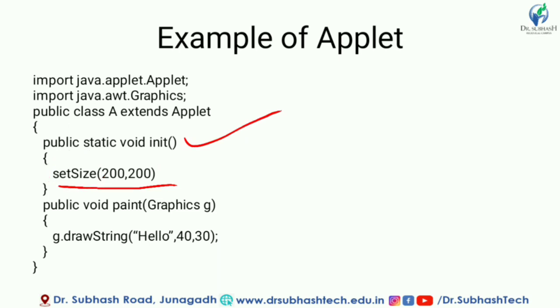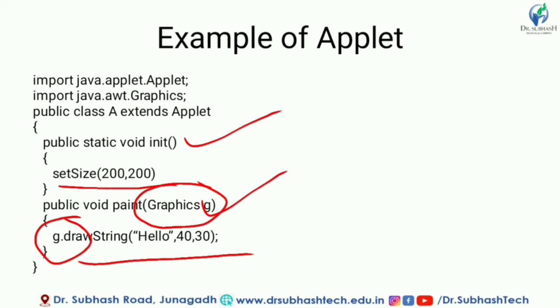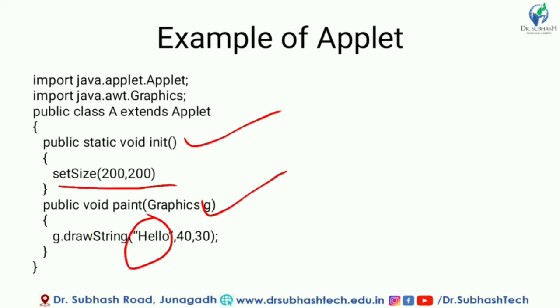Then you can see that I have used the paint method. In the paint method I have taken the Graphics object g, and using this g object I am drawing the string, right? Using the drawString method I am drawing the string hello, and the other two parameters, 40 and 30, are the x and y coordinates of this string.